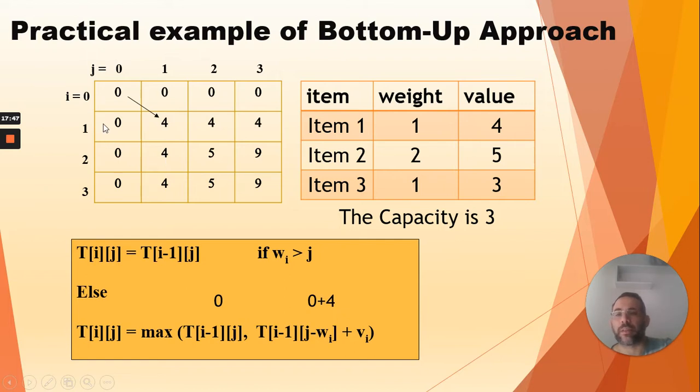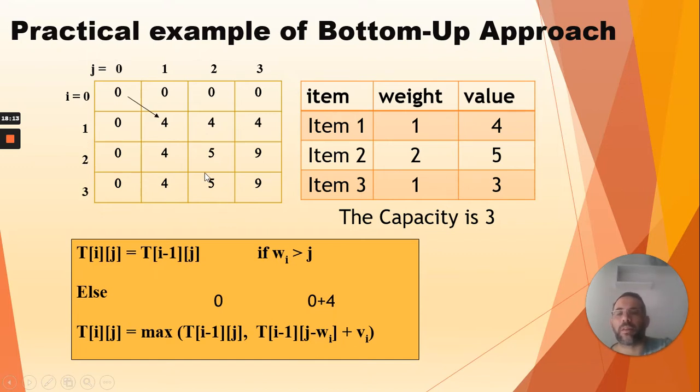By the way, in this row we will use the first item. In the second row we will use items 1 and 2. In the last row, we will use the third, second and first items.